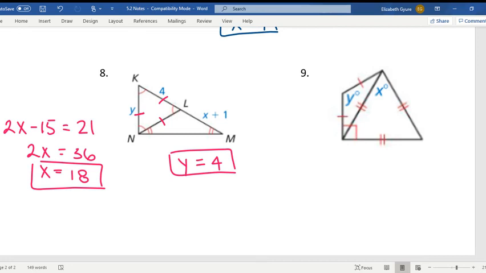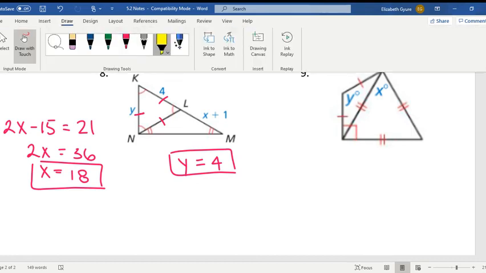How could that maybe help me solve for x? Andrew, can you tell me how I would figure that out though? Exactly. This triangle down here is isosceles. My 2 base angles are congruent.